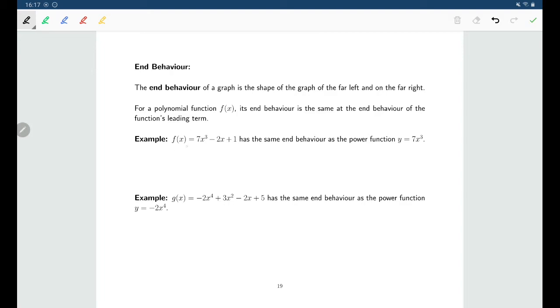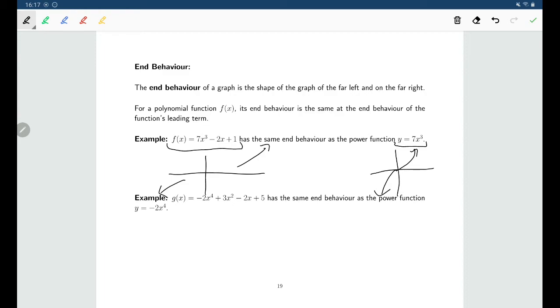So for example, f of x, if its leading term is 7x cubed, the end behavior of my polynomial should be the same as the end behavior of 7x cubed. And we know what 7x cubed looks like. It goes up on one side and down on the other. So that means that for f of x, on the far right it's going up, and on the far left it must be heading downward.